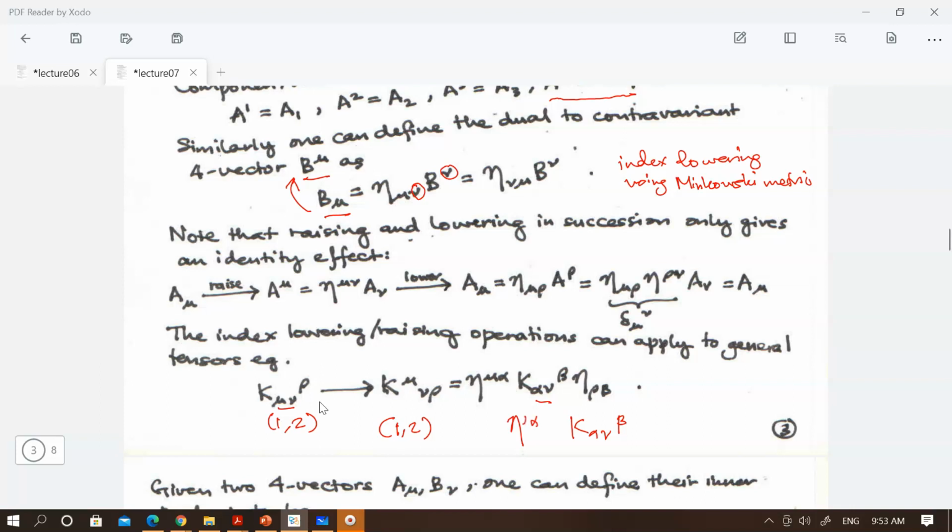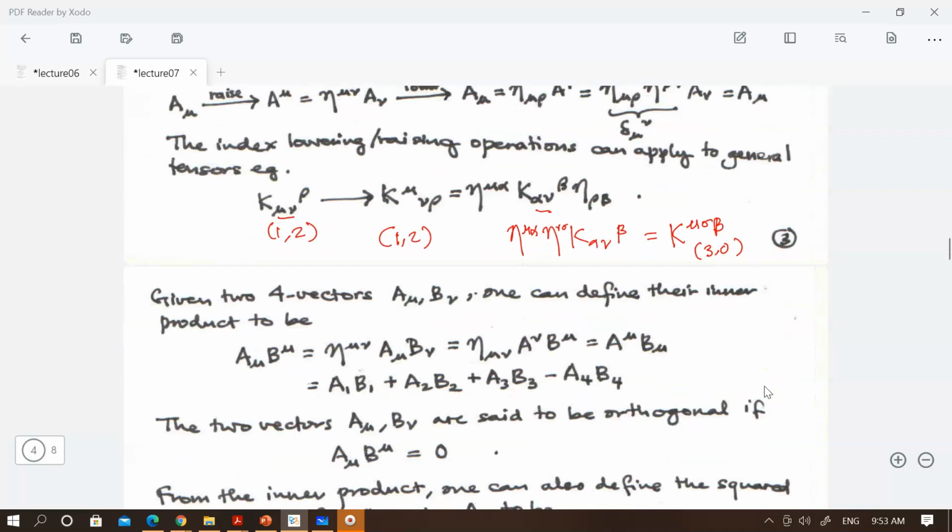So I have a mu, and then I also raise the nu sigma here, and the resultant thing that you get is essentially K mu sigma beta. Okay, now it will be what? This will be a 3, 0 tensor. So I'm getting a 3, 0 tensor from a 1, 2 tensor. Okay, right. That's enough for the examples.